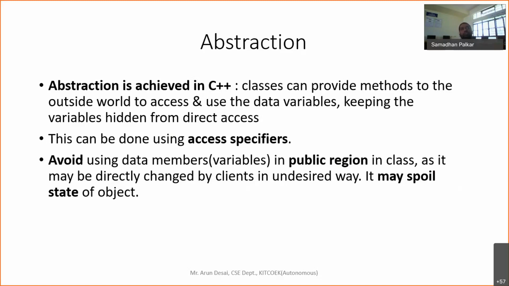So if we have data members in a class and we hide those data members from the outside world or from direct access, then it is treated as abstraction. Now how is this achieved? There is a special terminology called access specifier. If I talk about a structure, by default the access specifier in C or C++ for a structure is always public, right?